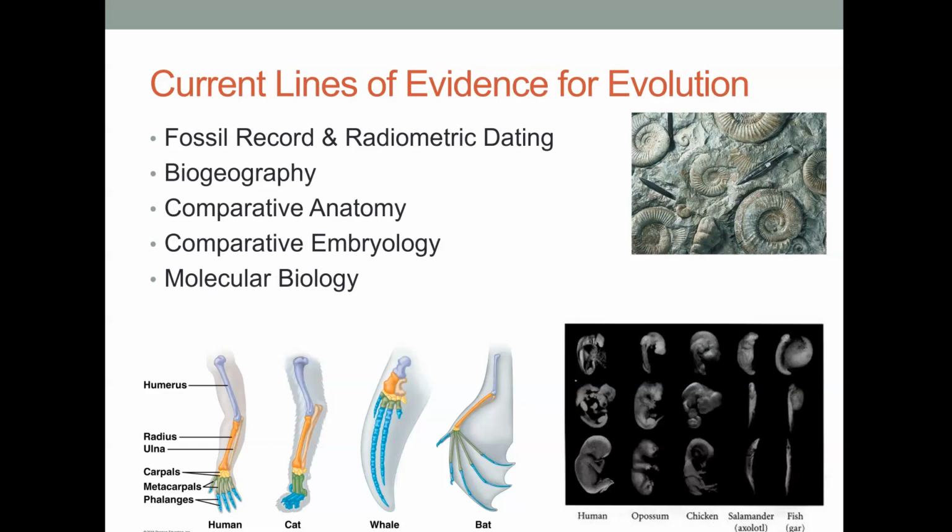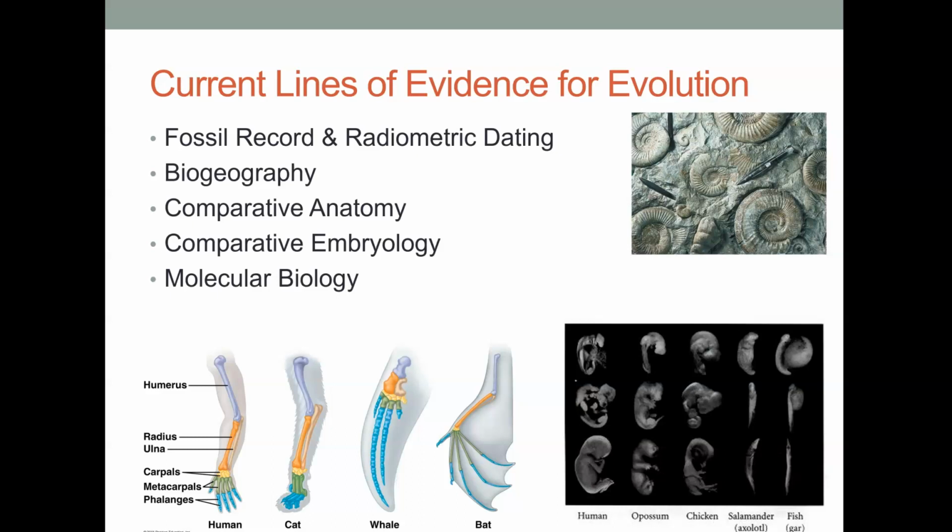Another cool thing, and I've always felt it's kind of creepy, is that our embryos look very similar. Very young embryos, like a month or 2 months old, look very similar to the embryos of other species that are related to us.